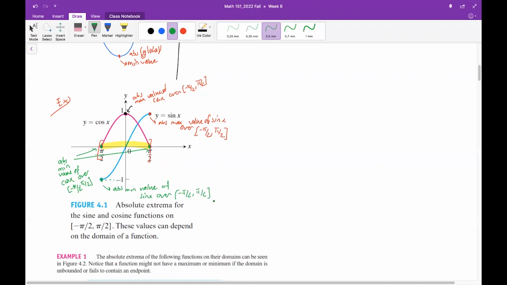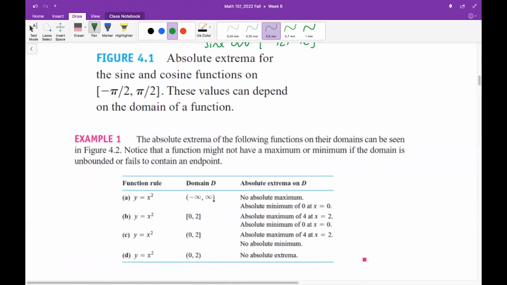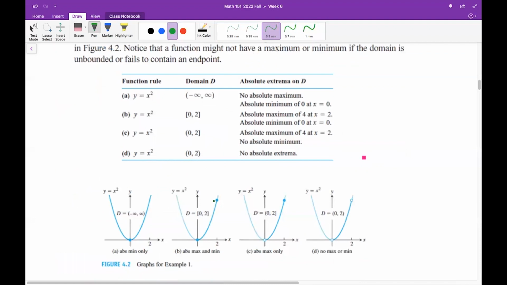Okay, from the graph, it is not that difficult to see the highest and smallest points. So let's do a similar analysis for the x square function over different domains. Here you see the graph of the x square function, and we will be searching for its absolute max and absolute min over different domains, and you will see that the highest and smallest values can be different over different domains.